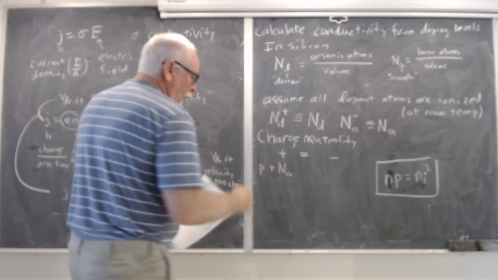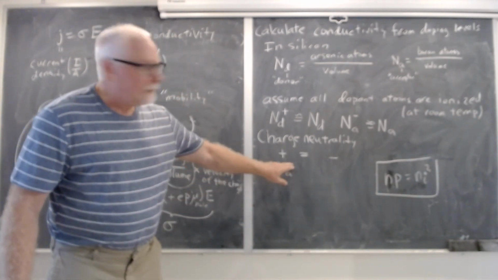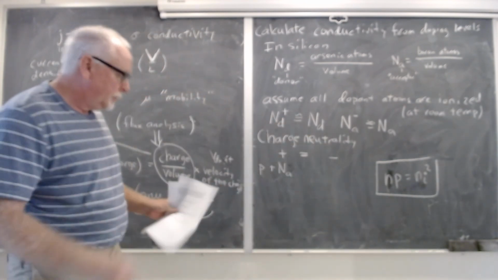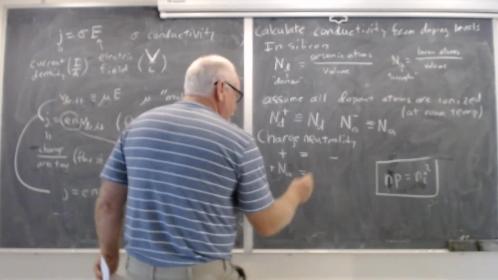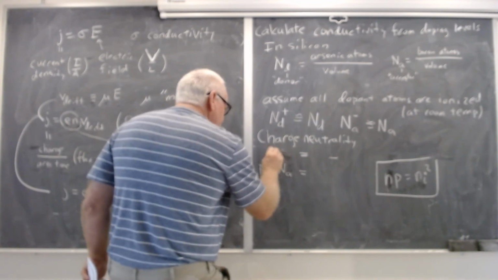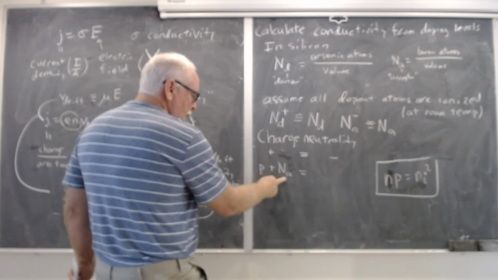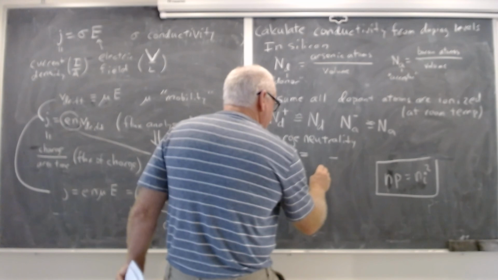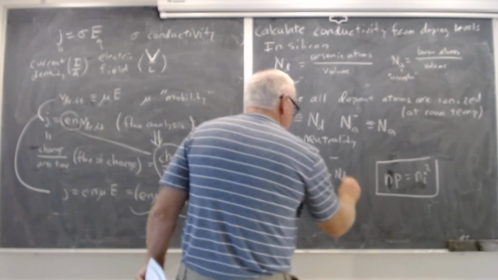And I'm not going to bother putting Nd plus here because I've told you, we're going to make this assumption that it's equal to Nd by itself. It's equal to negative charge. Let me do it this way, put this plus over here, so that you get the idea that the plus charges are the holes and the donor atoms, and on the negative side, it's of course the electrons and the acceptors.